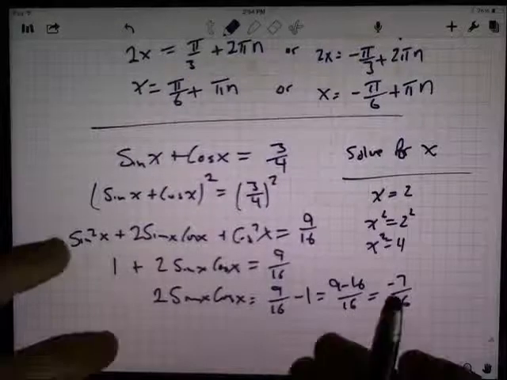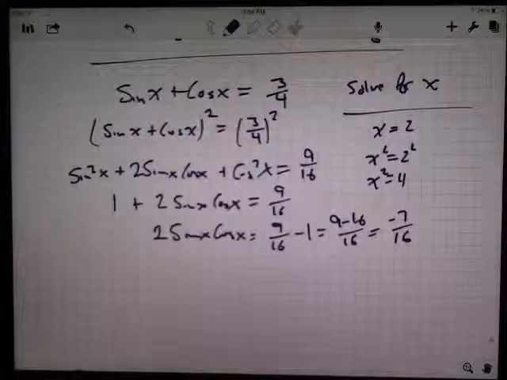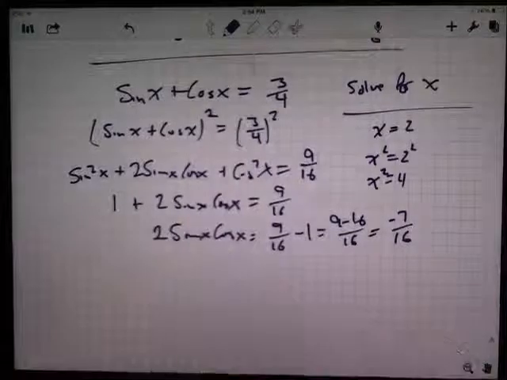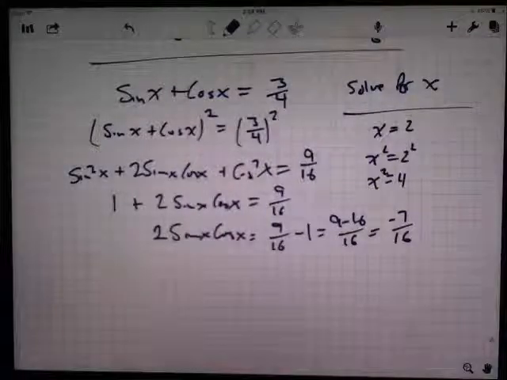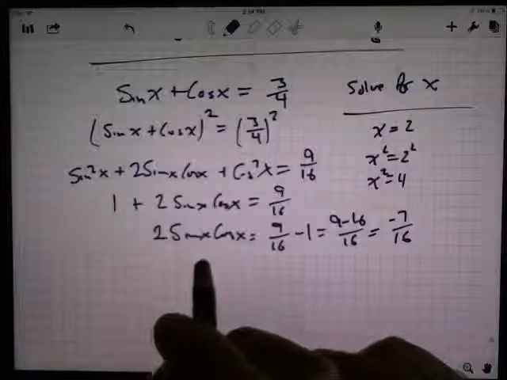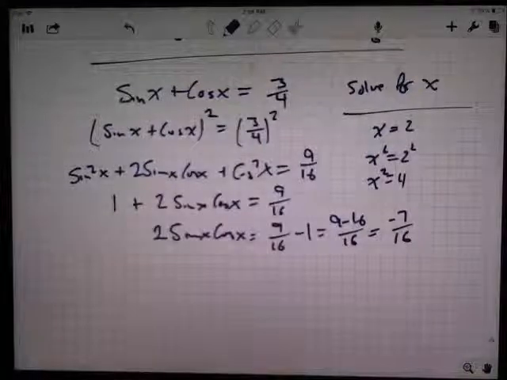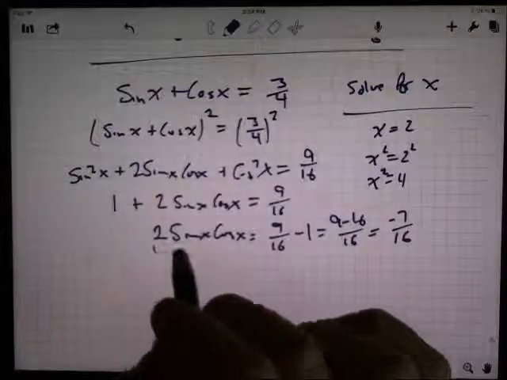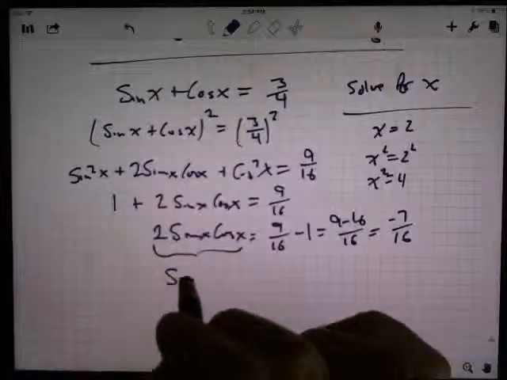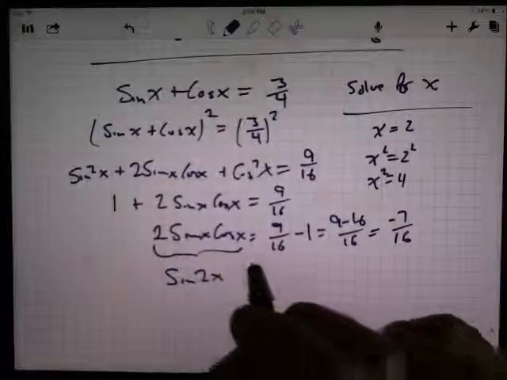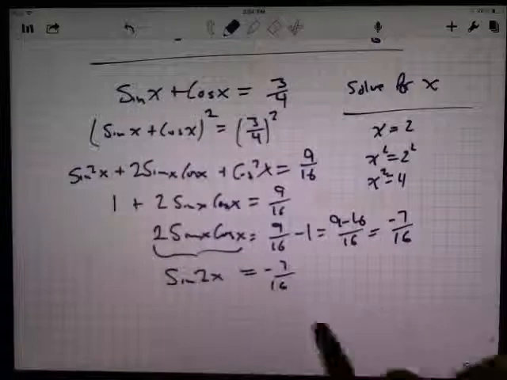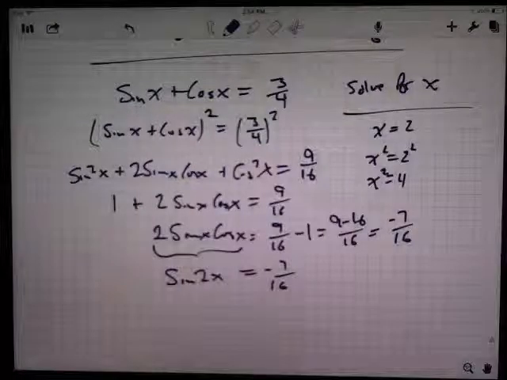But I've got a sine and a cosine here. Actually I have a 2 times a sine and a cosine, and all of a sudden I'm thinking, that reminds me of an identity. It reminds me of the double angle formula for sine. This thing right here is actually the sine of 2x. This is equal to negative 7 over 16, and all of a sudden I'm feeling like, hey, I might be able to do this.